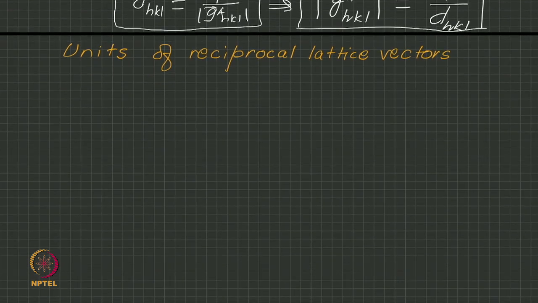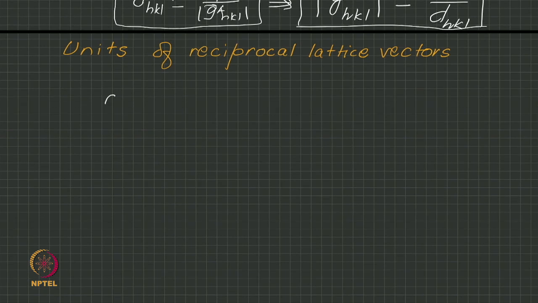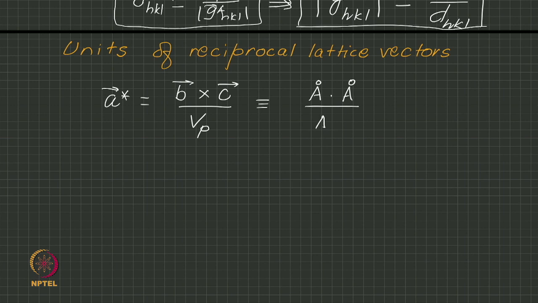The unit of the reciprocal lattice vector, as you have seen in the very definition, A star was B cross C by the volume of the unit cell. If you think in terms of angstrom as the unit of B and C, you have angstrom into angstrom by the volume, which is in angstrom cube.